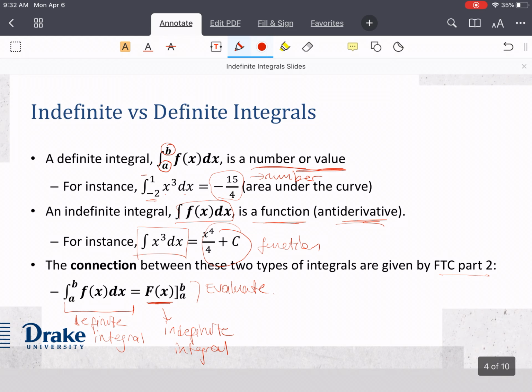Because capital F of x represents the antiderivative, which is the same thing as the indefinite integral, as we have just introduced that notation.